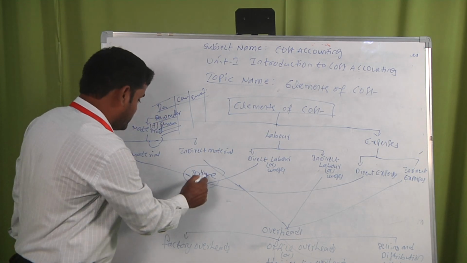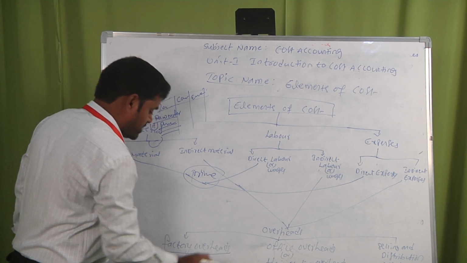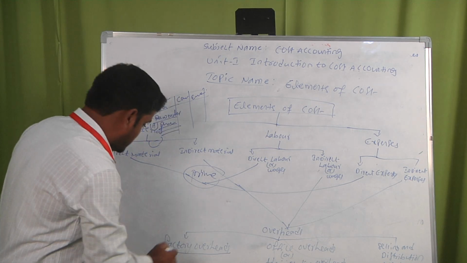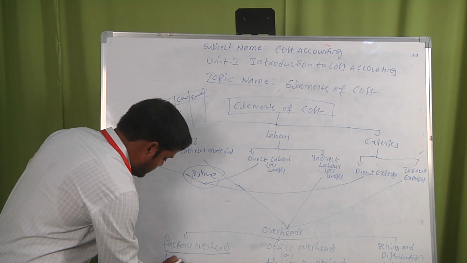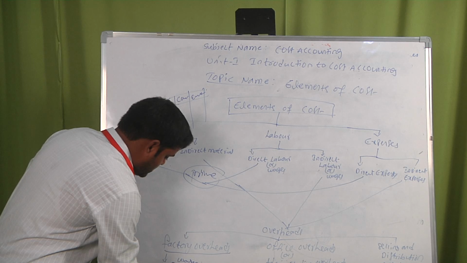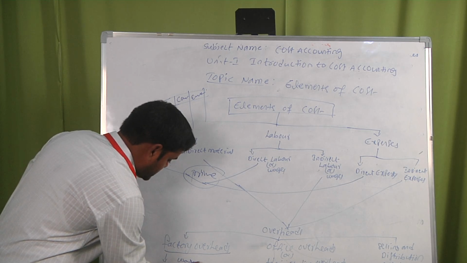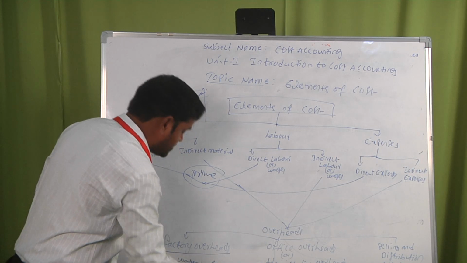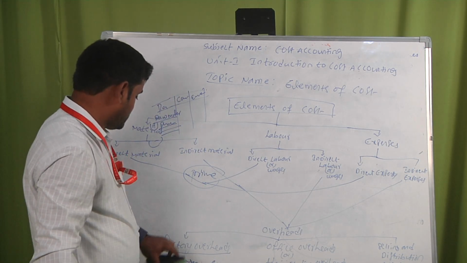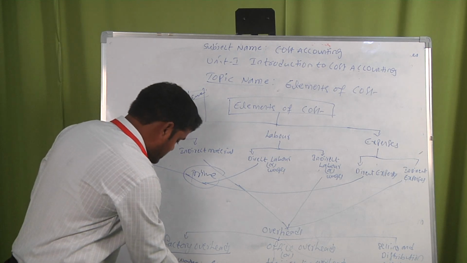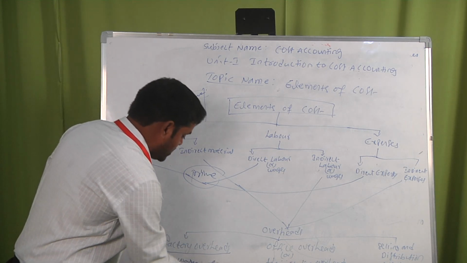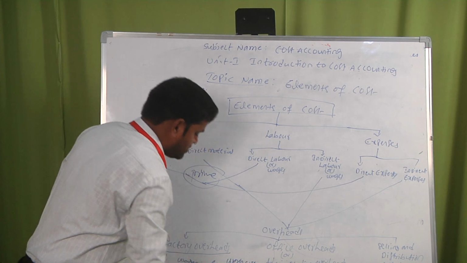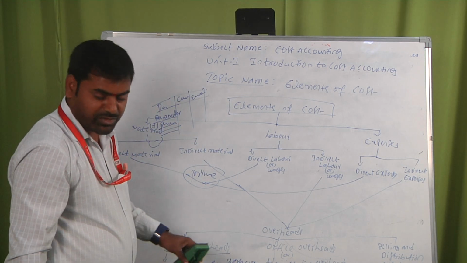Then we add the factory overheads: indirect wages, factory rent, light. These come under factory overheads. After adding these factory expenses to the prime cost, we get the work cost, when the work in progress is completed.